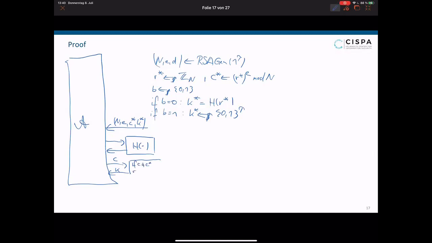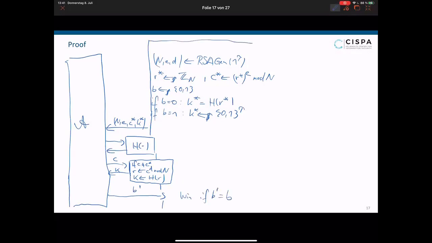If C does not equal C star, it sets R to C to the D mod N and K to H of R, and outputs this K. In the end, of course, the adversary returns this bit B prime, and wins if B prime equals B. So that's the IND-CCA experiment for our KEM.